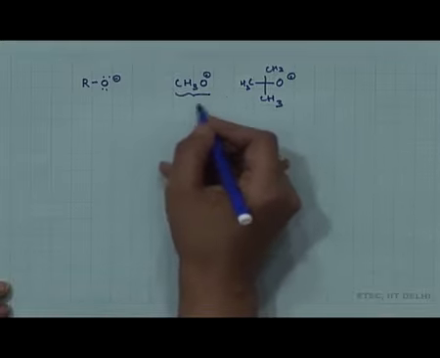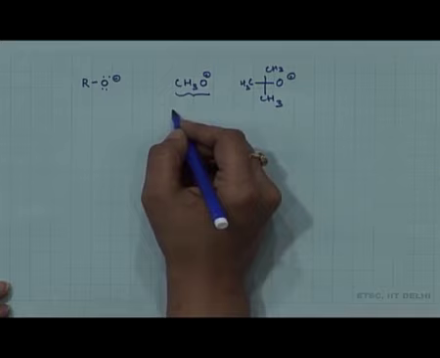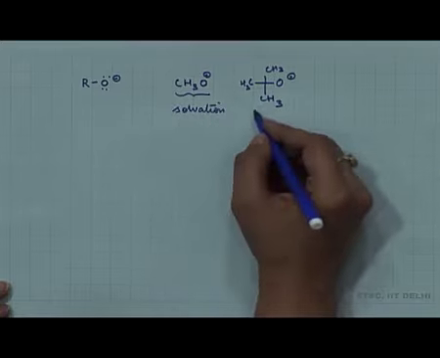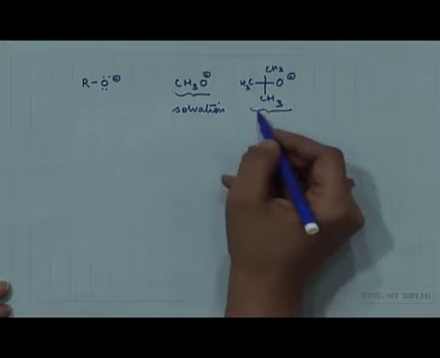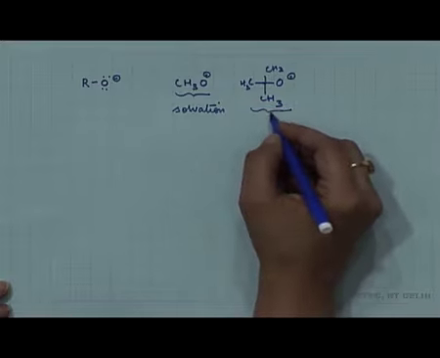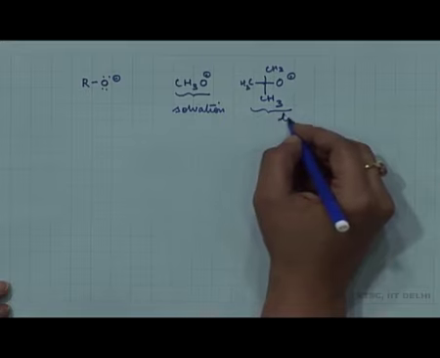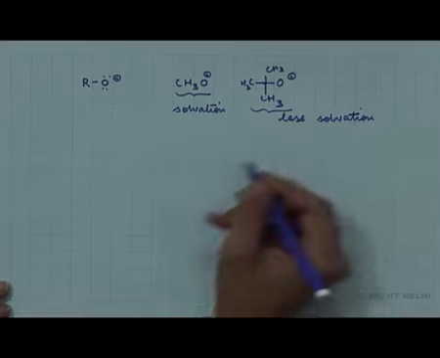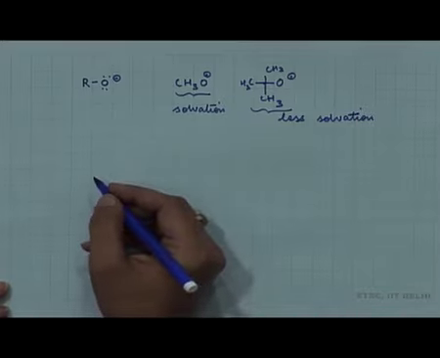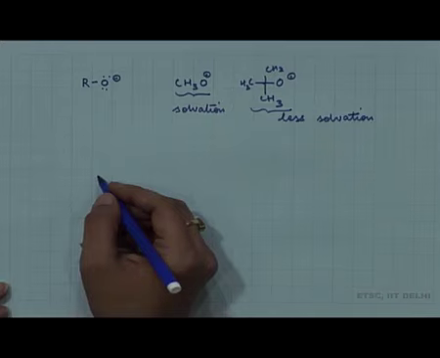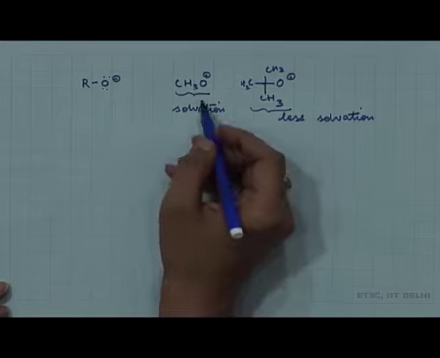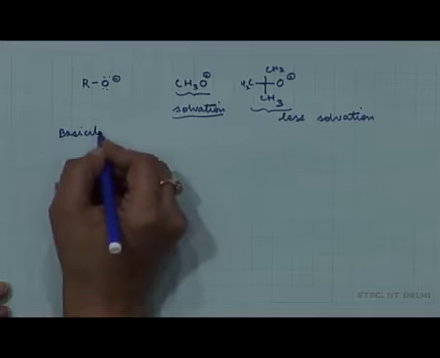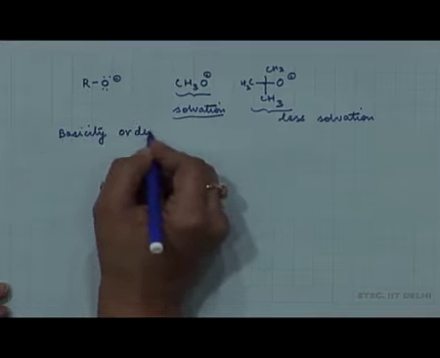Now, this being a small base, it can easily undergo solvation, but this one, being surrounded by 3 methyl groups at the center, is a bulky base and, because of crowding, undergoes less solvation. And that is what you were seeing in the trend, that methanol was a stronger acid because it has a weak base.